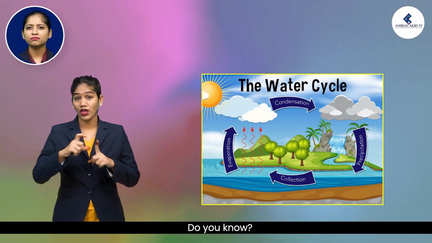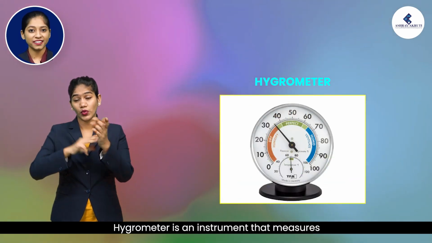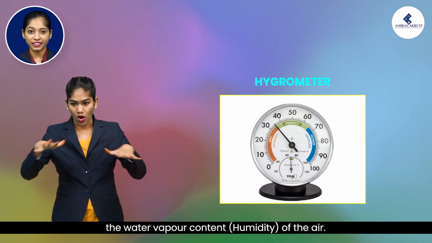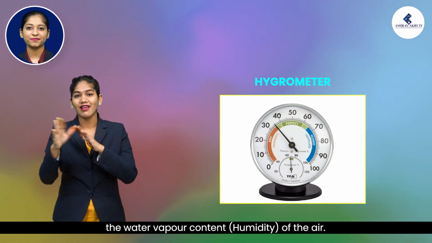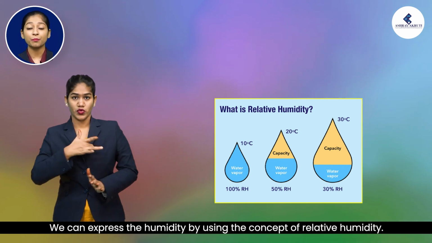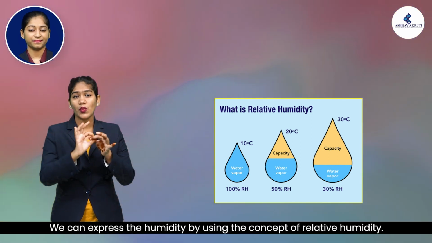Do you know? Hygrometer is an instrument that measures the water vapor content, humidity of the air. We can express the humidity by using the concept of relative humidity.